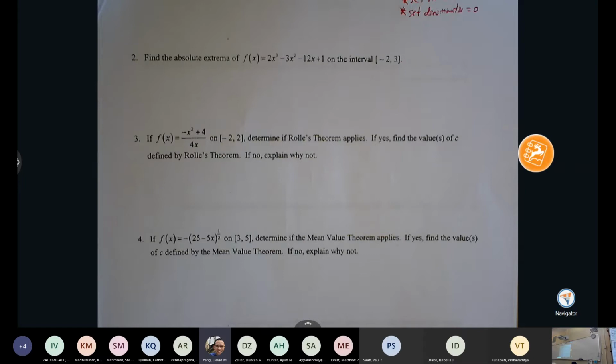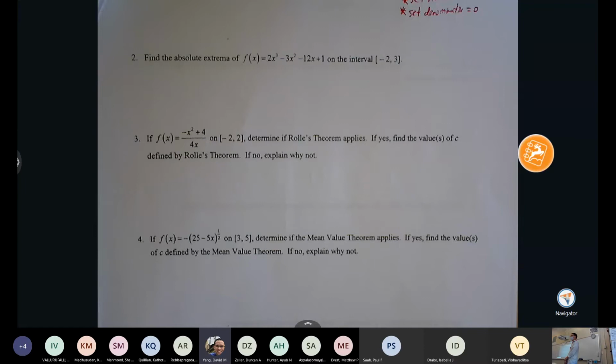So find f prime, set f prime equal to 0. Okay, we should have come across two critical points.